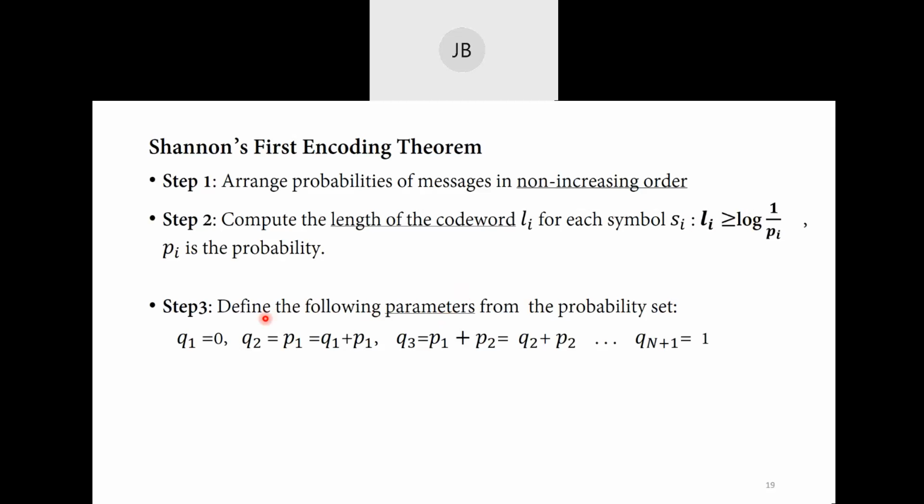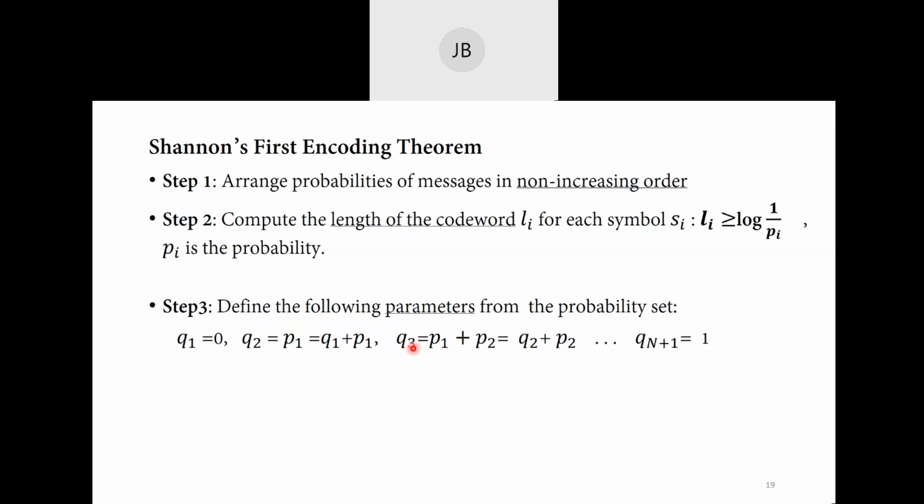So parameters are found in this way. For example, the first parameter, which we denote as Q1, will have a value of 0. The second parameter will have a value which is nothing but the probability of the first symbol. And the next parameter Q3 is the sum of the previous two symbols' probabilities, and it continues in the same way.